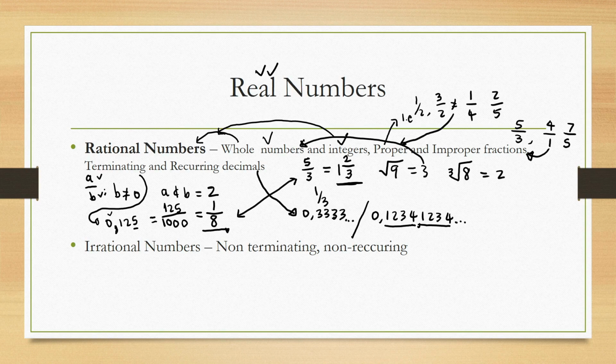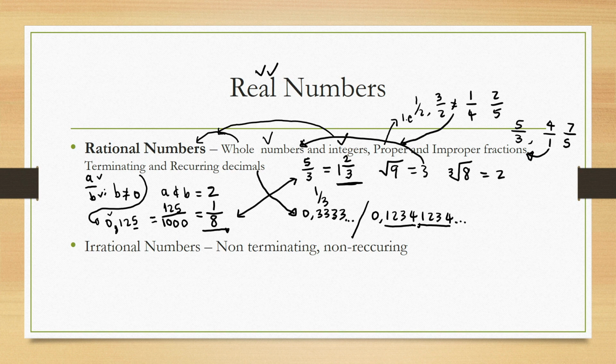Then we said a recurring decimal will always fall under your real number system. We are going to look at some examples of what form of decimal constitutes non-terminating and non-recurring.